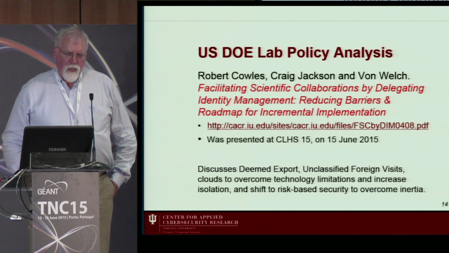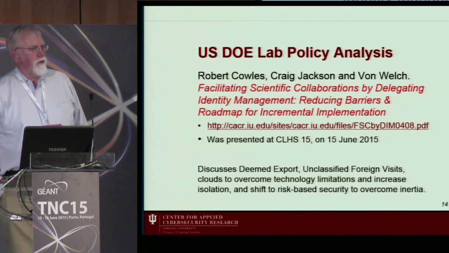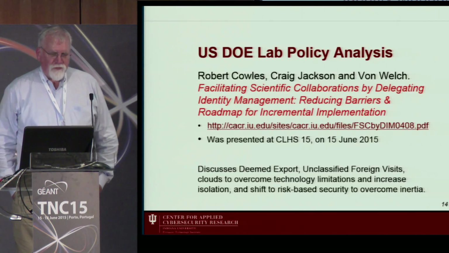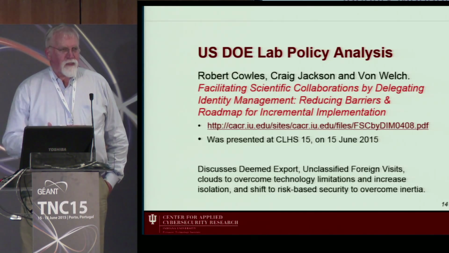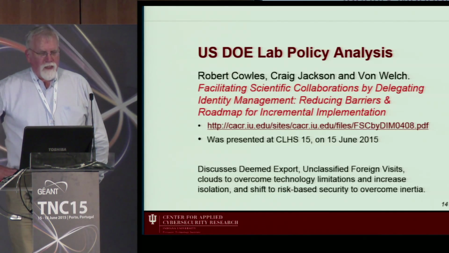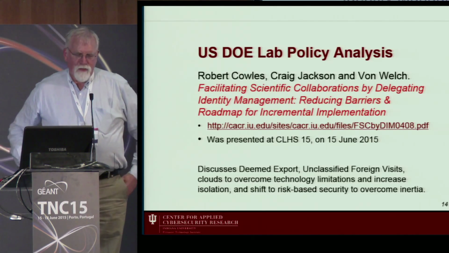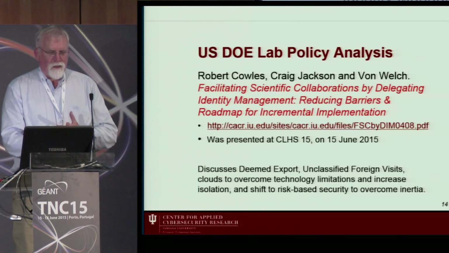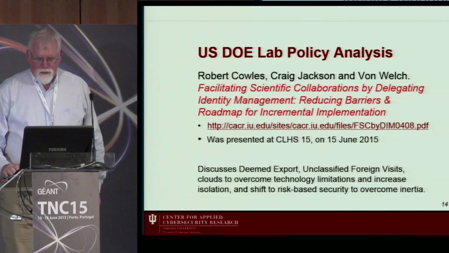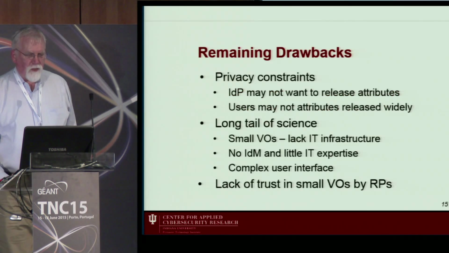This paper was in fact presented on Monday at the CLHS 15 conference. So it discusses issues in the US like deemed export, the unclassified forward visits and assignments, how clouds overcome technology limitations, and the shift to risk-based security to overcome some of the various inertia problems.